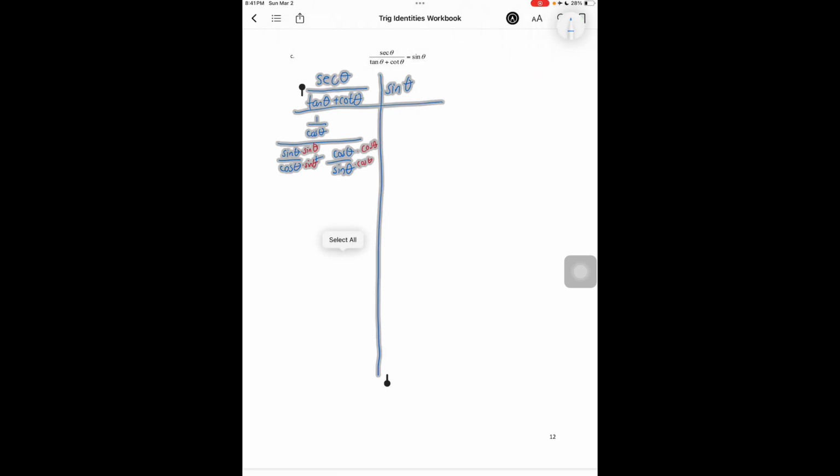So now this is going to be 1 over cos theta, all over sine squared theta plus cos squared theta, all over sine theta cos theta.